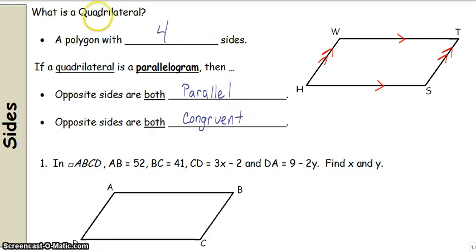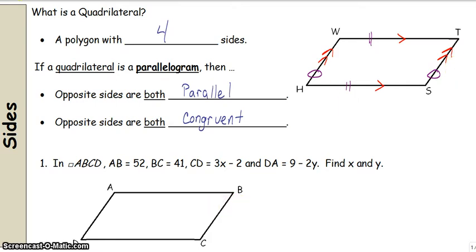So using a different color, I can show that segment WH, using a circle, is congruent to segment TS, which means I can set their lengths equal to each other. And segment WT is congruent to segment HS. Those are the properties based specifically on the sides.